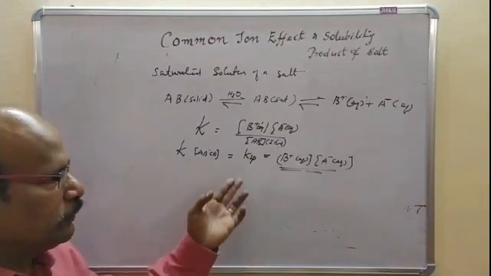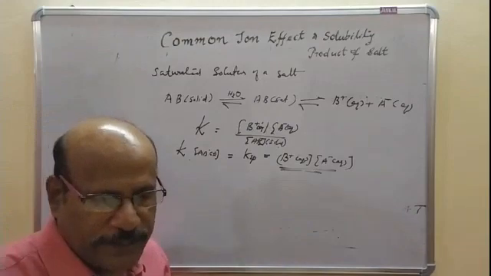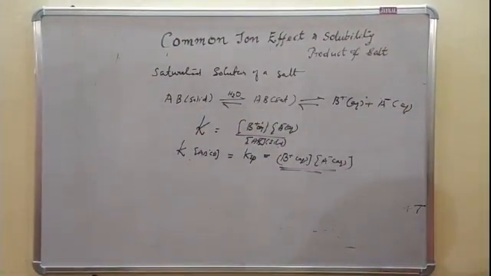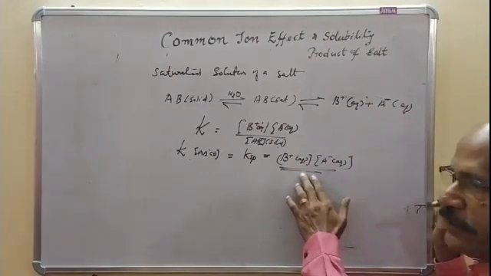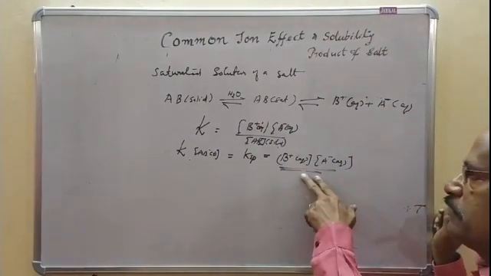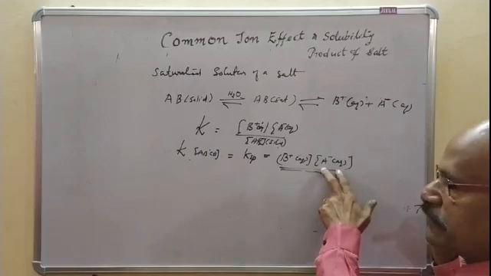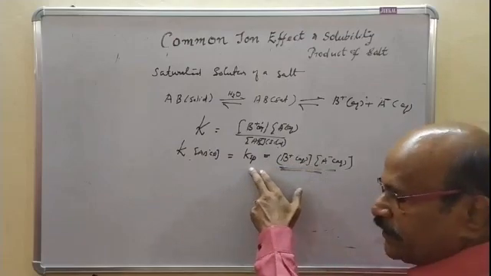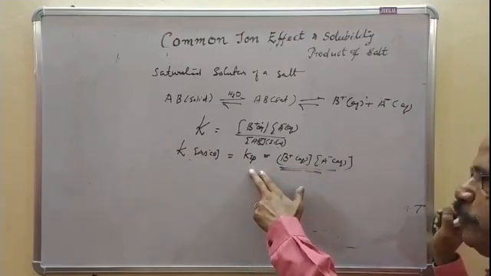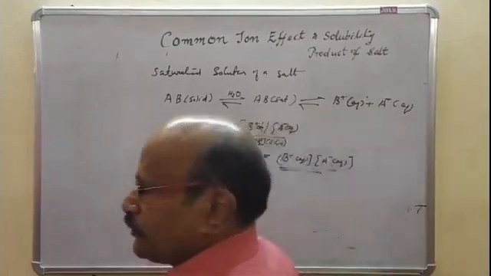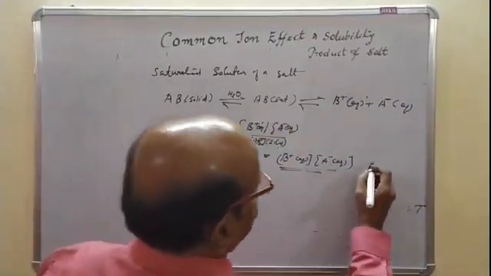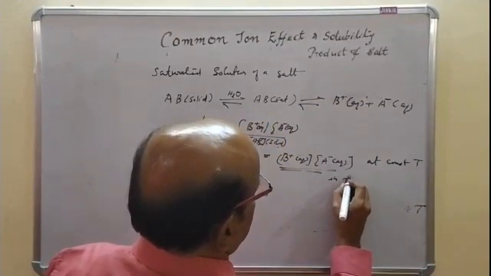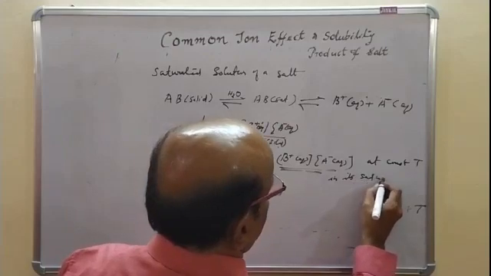So KSP, the solubility product of a salt, is defined as the product of the concentration of the ions of the salt in a solution, which is always a constant at constant temperature in a saturated solution, and that constant is called the solubility product. Okay, that is the situation.